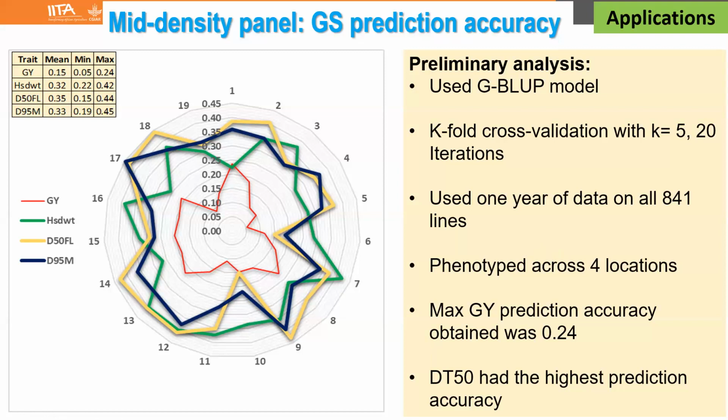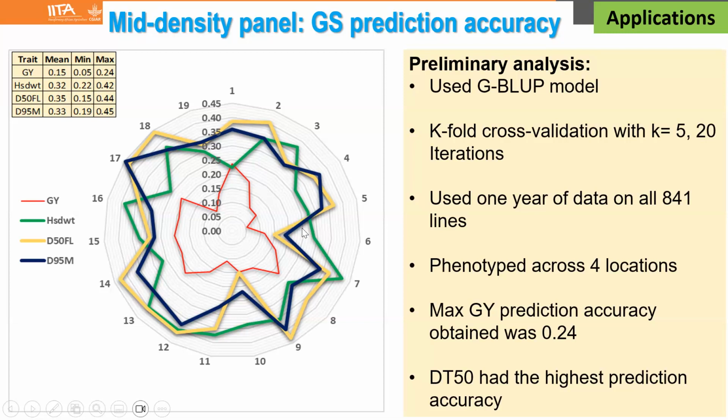And so for this preliminary exercise, in this radar plot, the traits that are outside this circle are the ones that have high prediction accuracy. Grain yield had slightly lower prediction accuracy based on this preliminary data.